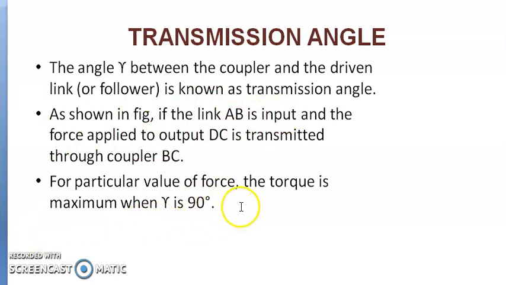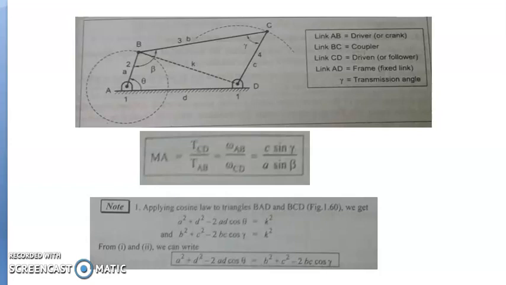For a particular value of the force, the applied torque at the output shaft is maximum when gamma is 90. Here you can see that mechanical advantage is nothing but the torque available at CD, the output link, divided by the torque applied at the input link AB.